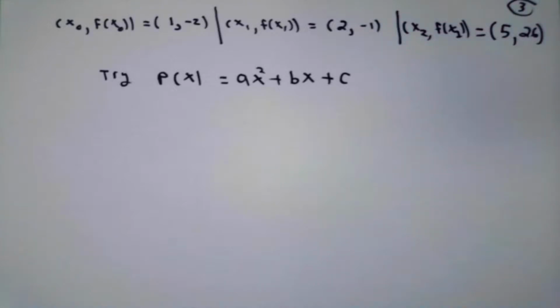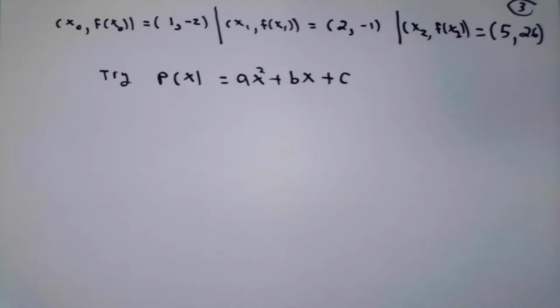As an example of this kind of thing, let's think about a data set that has three data points in it. One data point is (1, -2), another is (2, -1), and the third one is (5, 26).